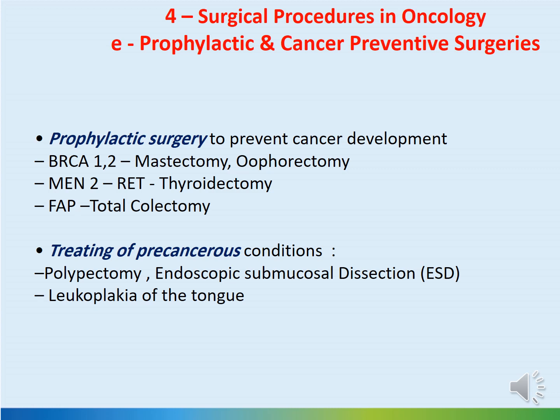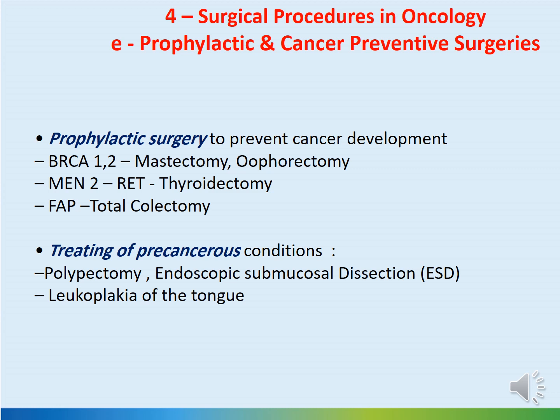It's a procedure done in patients known to have a high risk of developing cancer, or who have genetic mutations associated with a high risk of cancer. For example, BRCA1 or 2 genetic mutation is associated with a high risk of developing breast cancer and ovarian cancer. We do here bilateral prophylactic mastectomy and oophorectomy.